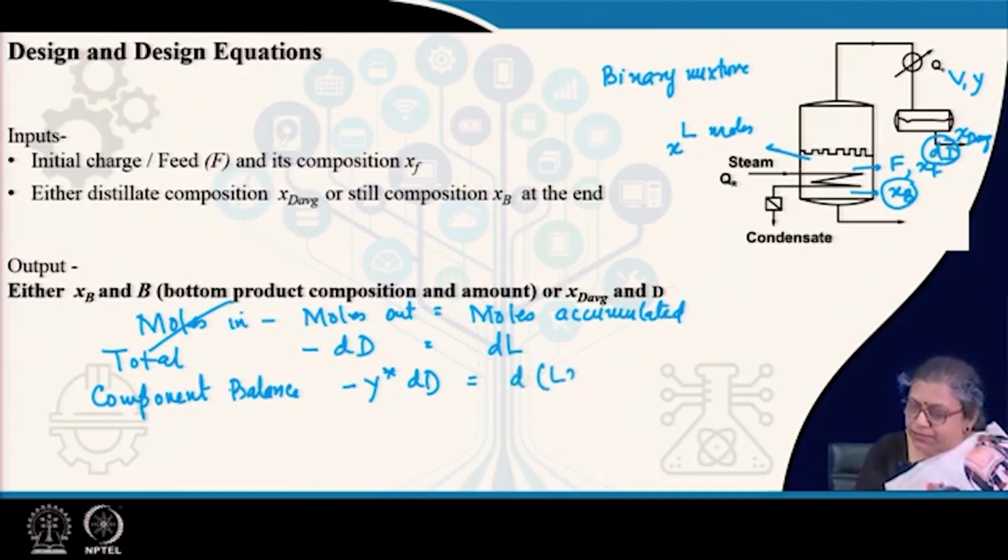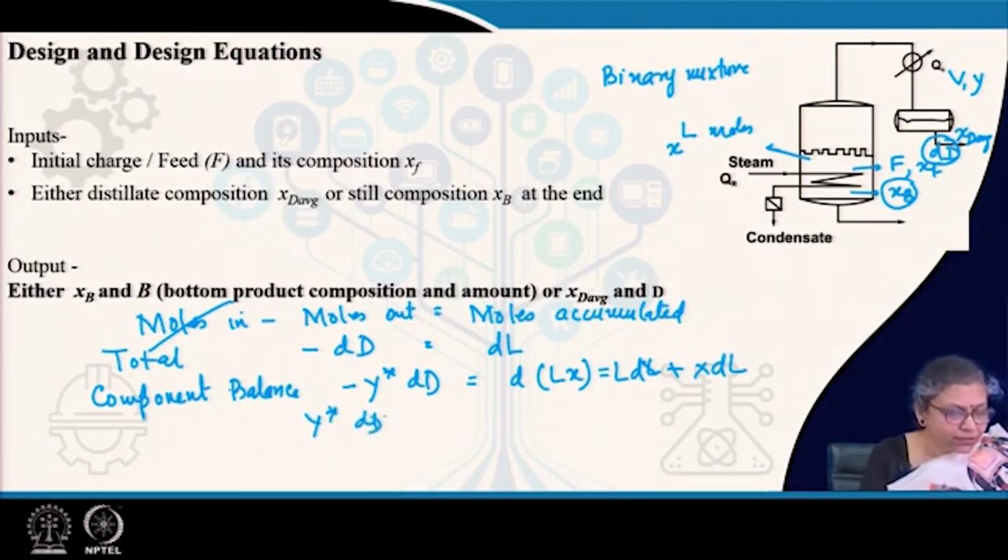It is naturally d of the amount which is there, which is nothing but L dx plus x dL. Therefore, y star dD is equal to L dx plus x dL.